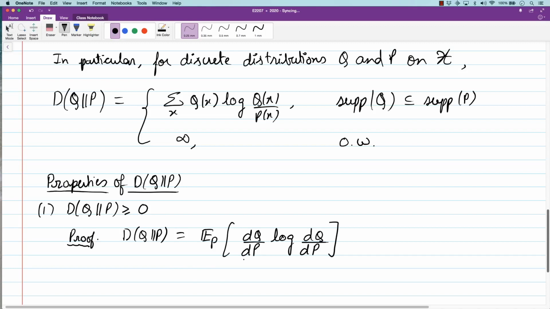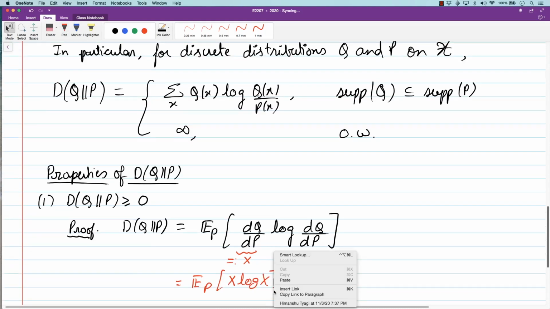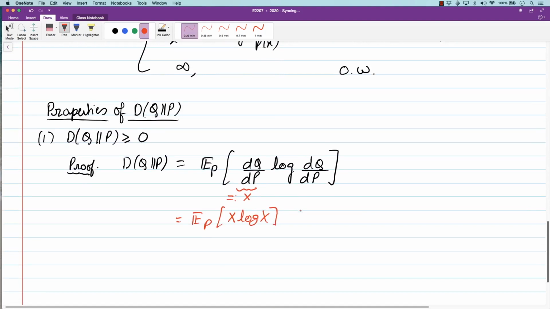If we think of dQ/dP as a random variable, let's just call it X. So this is the expected value over P of X log X, which is the same as the expected value of f(X), where f(t) is defined as t log t.